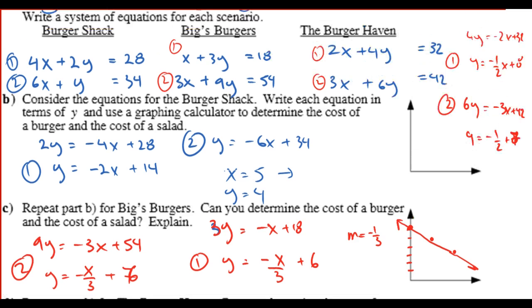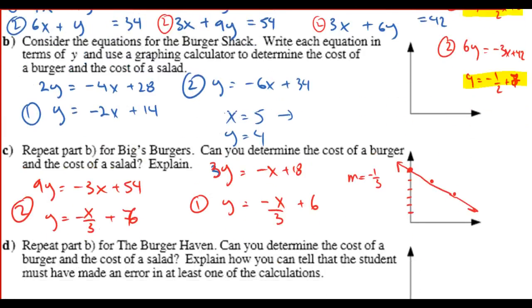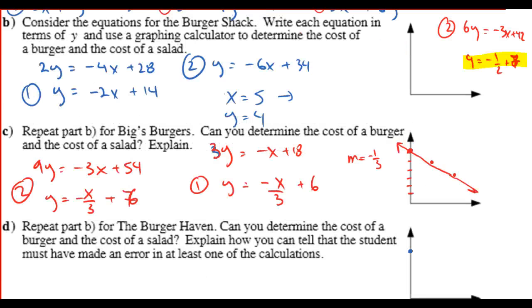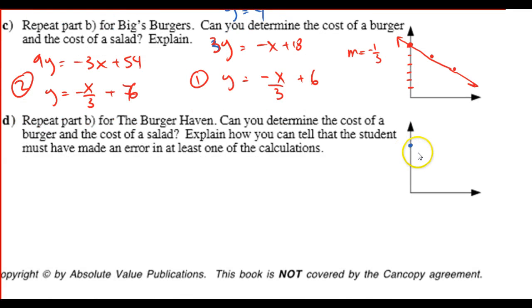So our two equations for the last one have slightly different y-intercepts, but they have the same slope. So when you graph this, what's the y-intercept? 7 and 8. Let's do 8 here. The slope is negative 1/2, which means 1 down, 2 over, 1 down, 2 over, something like this for the first equation.